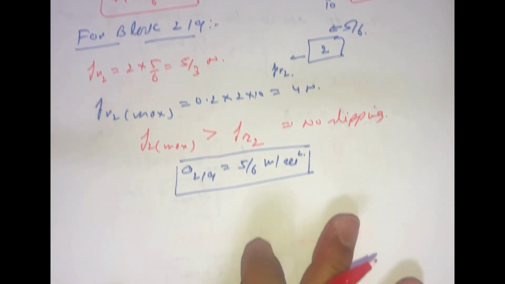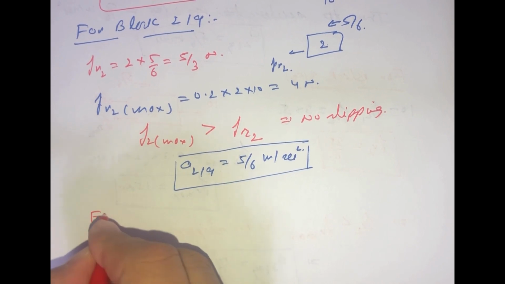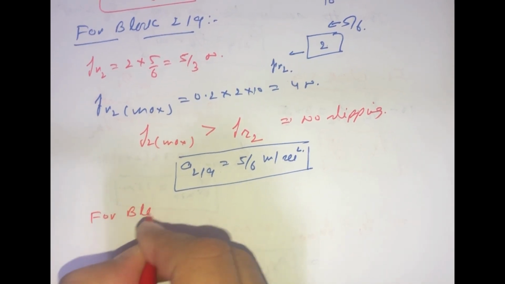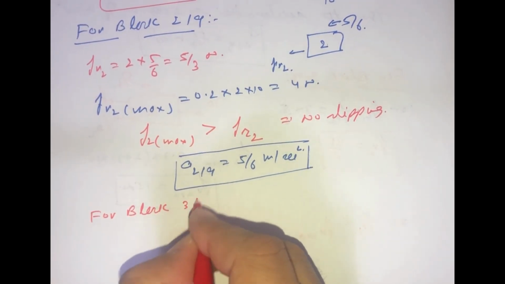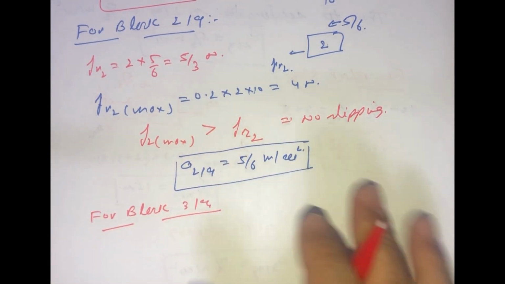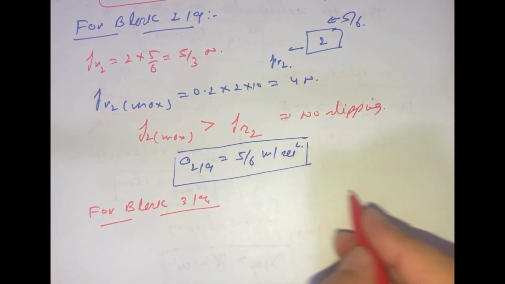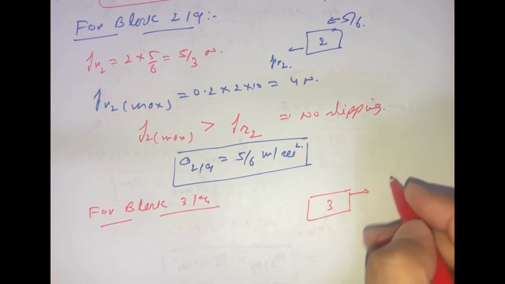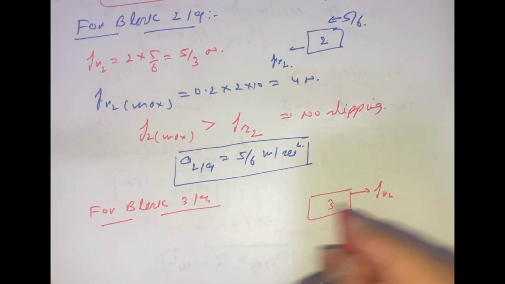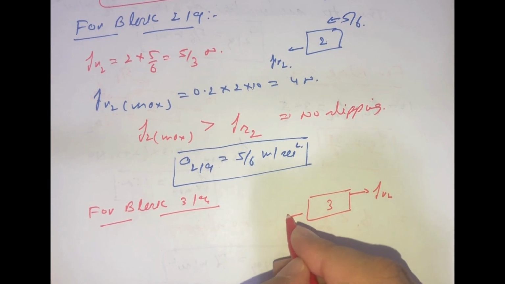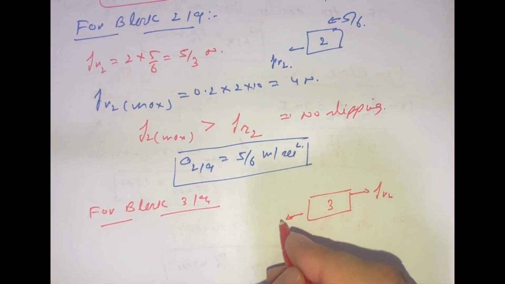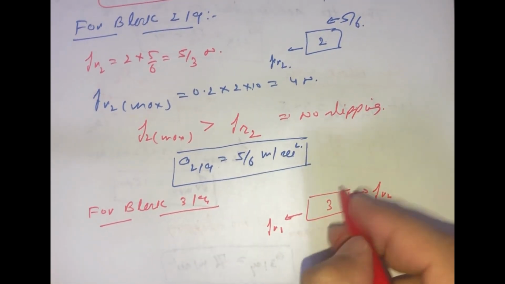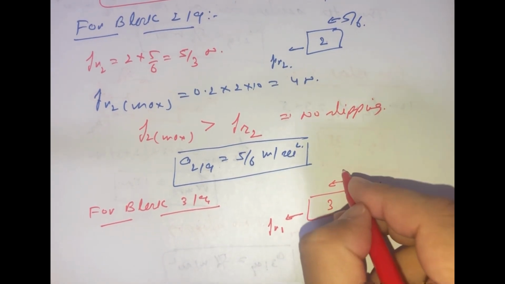Now we find out for block 3 kg. So we have block of 3 kg. This is FR2 and we have FR1, and acceleration is our 5/6.